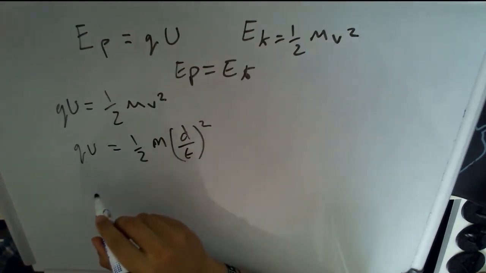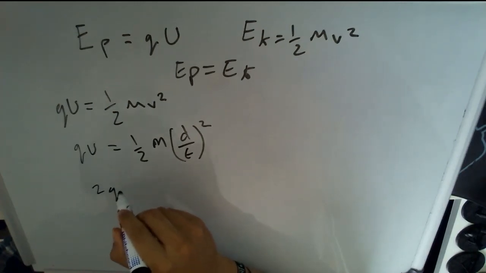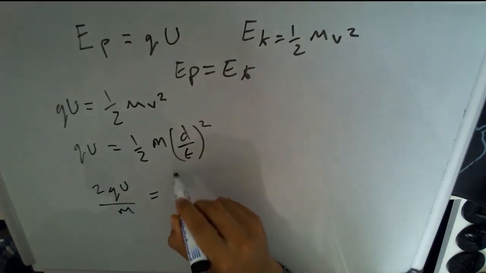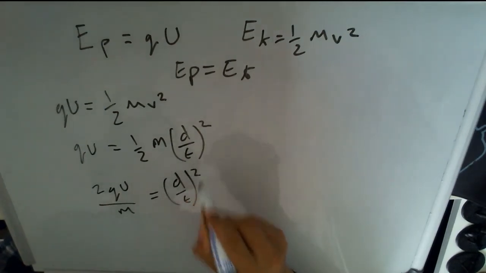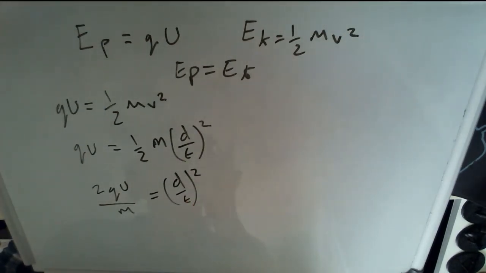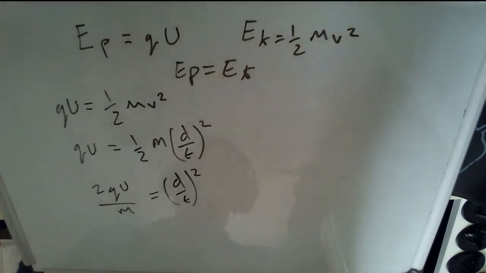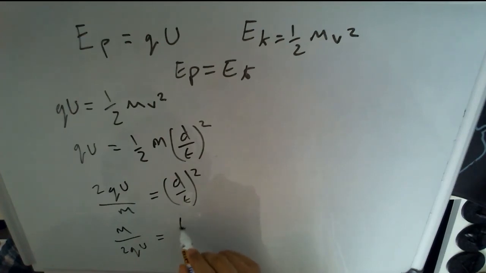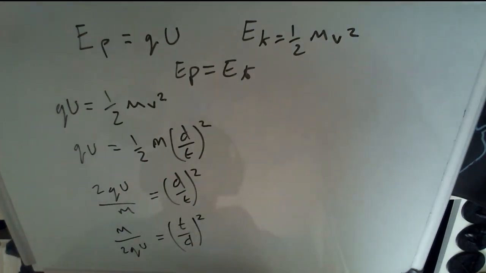So we have 2qV divided by m is equal to this. We want it in terms of time, so it's useful here to inverse both sides so that we get t on the top. So we can do m over 2qV is equal to time squared divided by distance squared, and then we can square root everything.